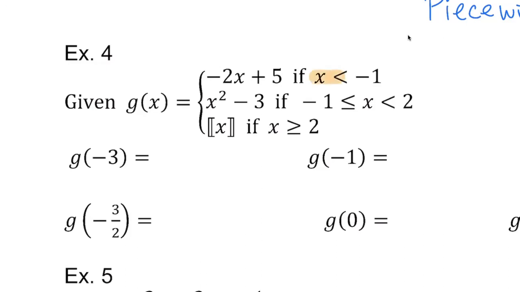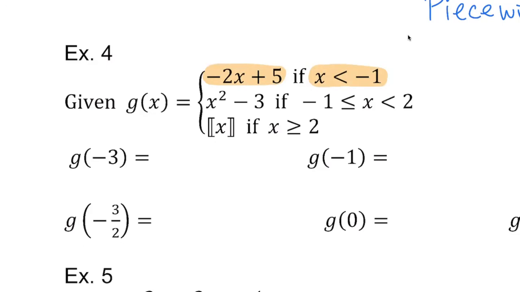So if x is less than -1, we will go ahead and use this function, -2x plus 5. Only if the condition is met.